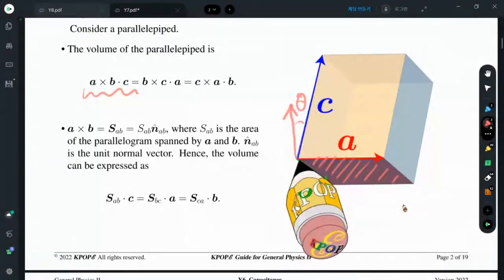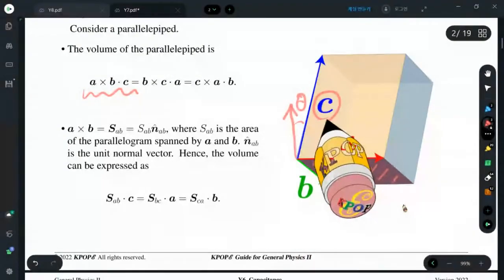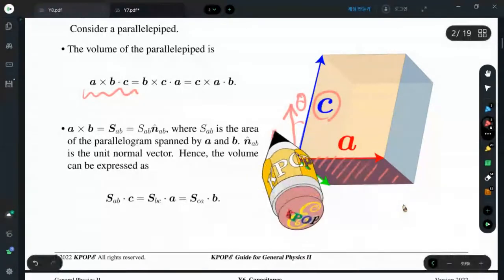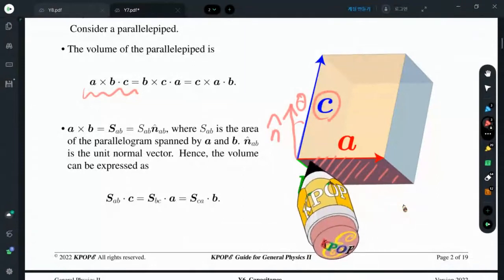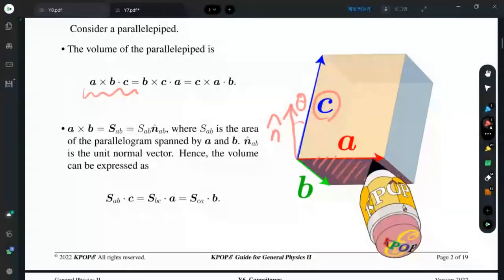That theta is the angle between the side vector C and the normal vector with respect to the plane spanned by A and B.